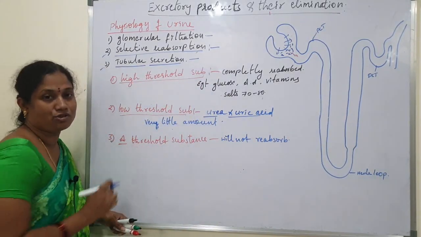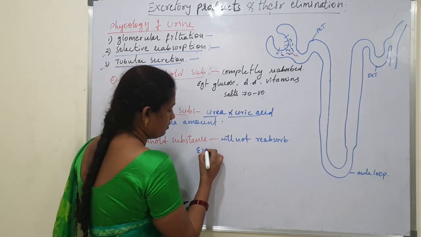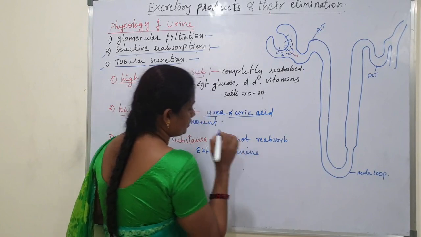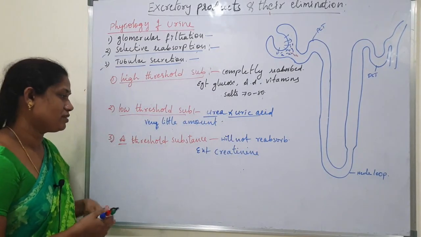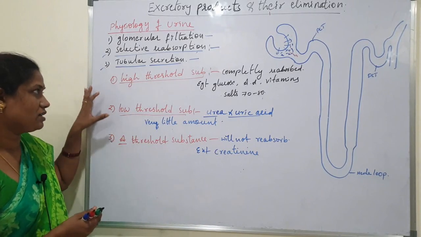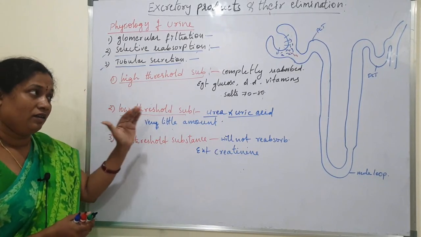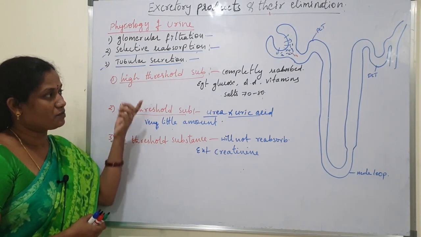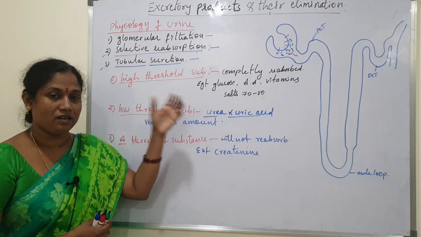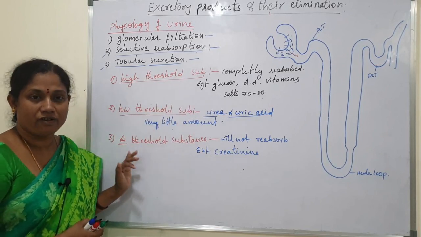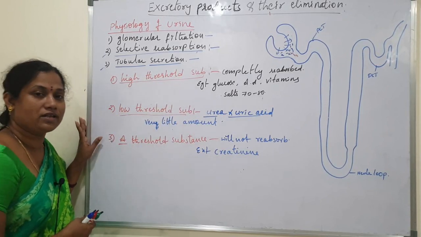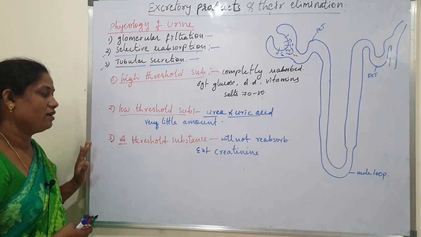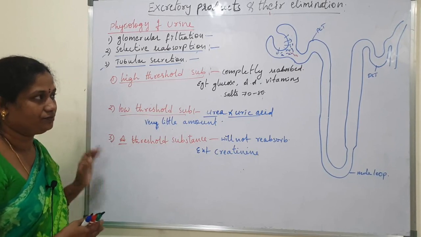They are called A threshold substances, for example creatinine. So the substances present in the glomerular filtrate or nephric filtrate can be classified into these three groups: high threshold substances, low threshold substances and A threshold substances.